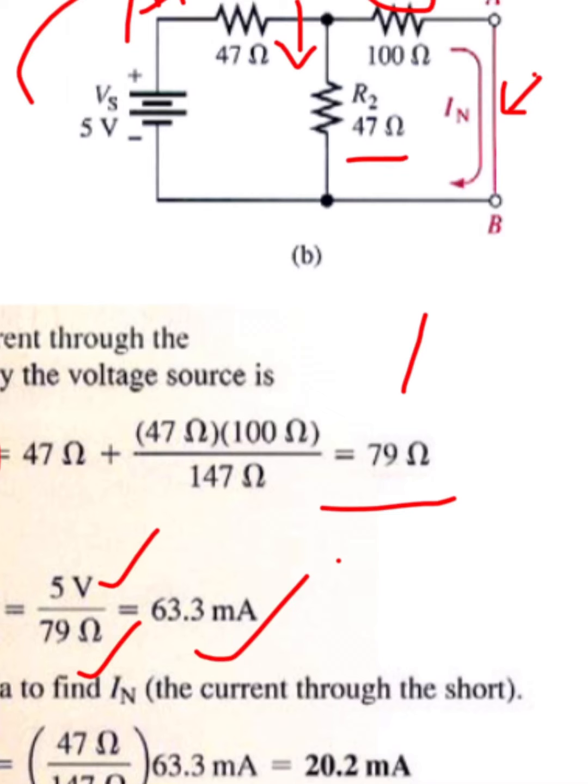The current flowing through the resistor you want to calculate, in a parallel combination, will be the total current multiplied by the ratio of the resistances.